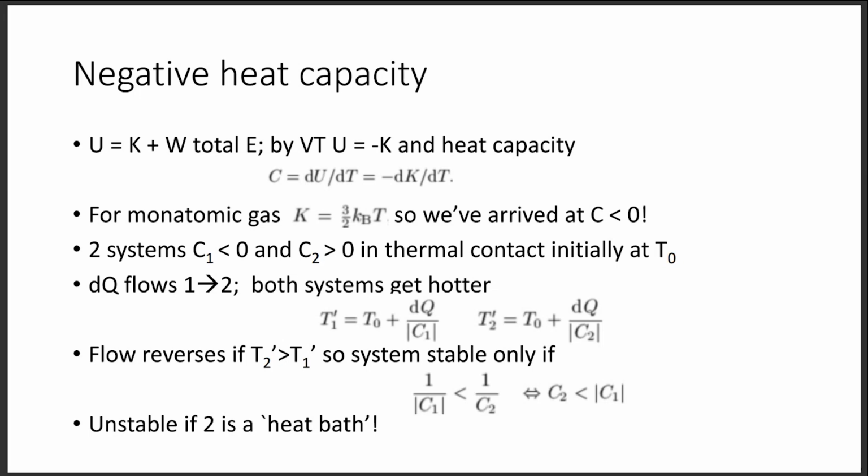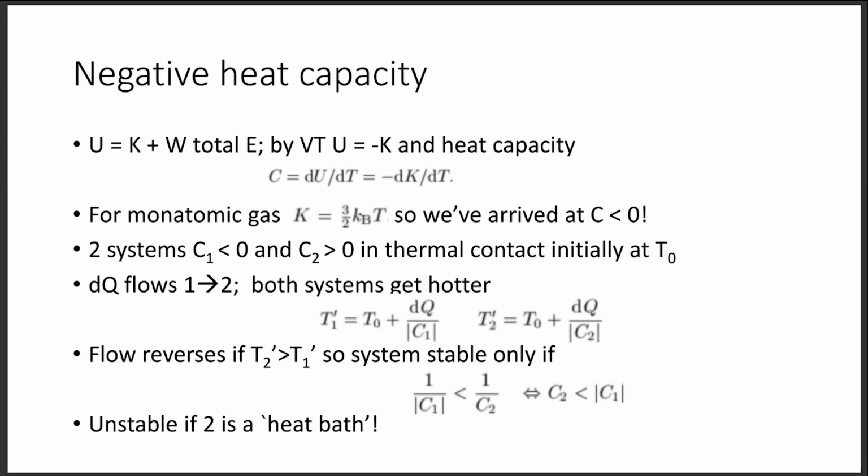In other words, a system with positive specific heat that you put in contact with a stellar system, which inherently has negative specific heat, is going to be stable only if the positive specific heat system is relatively small. In particular, you cannot do what people do in thermodynamics, which is put your system in contact with a heat bath of very large heat capacity.